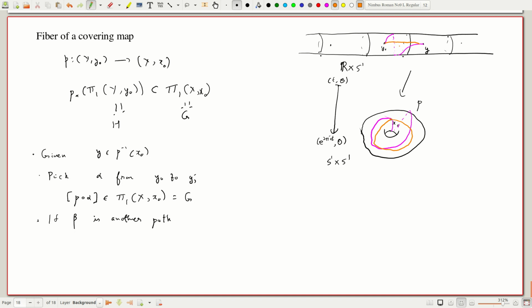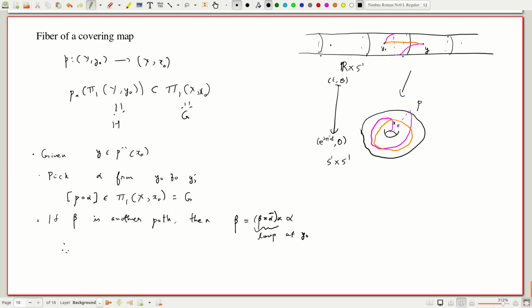So what do we know formally then? What we know is that beta is another path. Well, we can think of beta as the following: it's alpha, but before that I can look at beta star alpha bar, and the key point is this is a loop at y0.